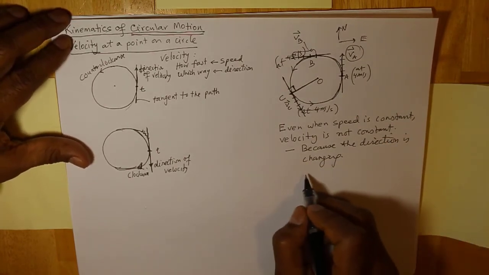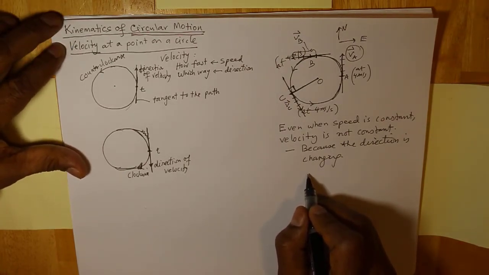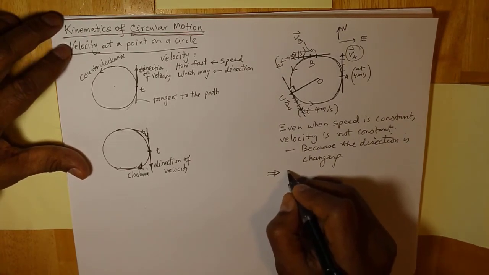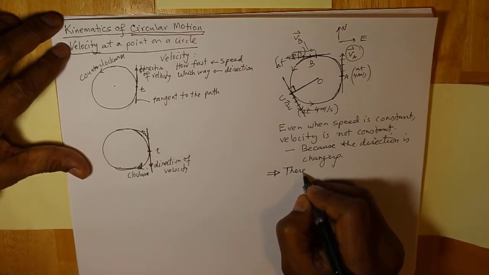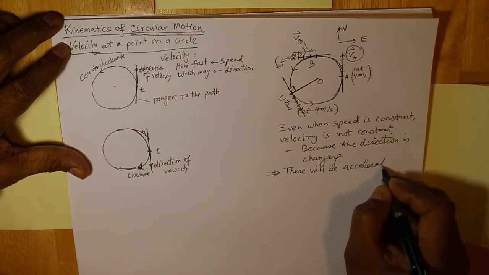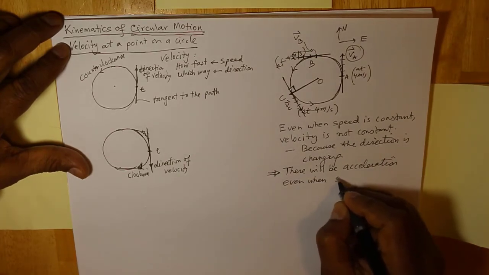So you can see that there will be acceleration even when speed is constant.